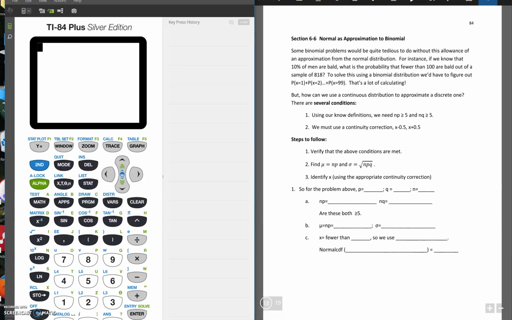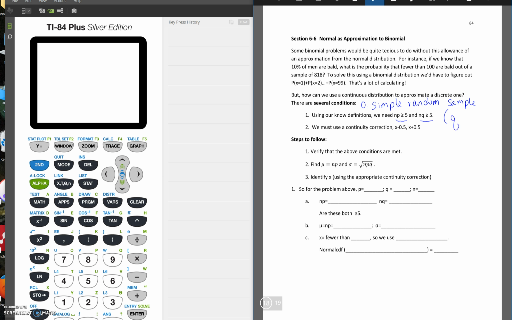So there are conditions that we first need. First, we have to have a simple random sample. Then we need n times p to be greater than 5, so the number that you're sampling times your probability of success is bigger than 5, and n times q greater than or equal to 5.